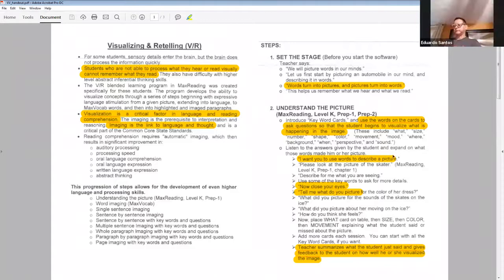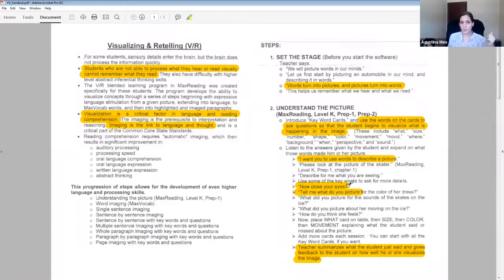So we're going to be using our words to describe the picture. At one point, you can ask them to close their eyes, like I just said, and retell what they saw in the picture. So I close my eyes and I know that there's a kid that found a treasure and he was lifting the top of it, the cover, and the parents were surprised and shocked in the background.